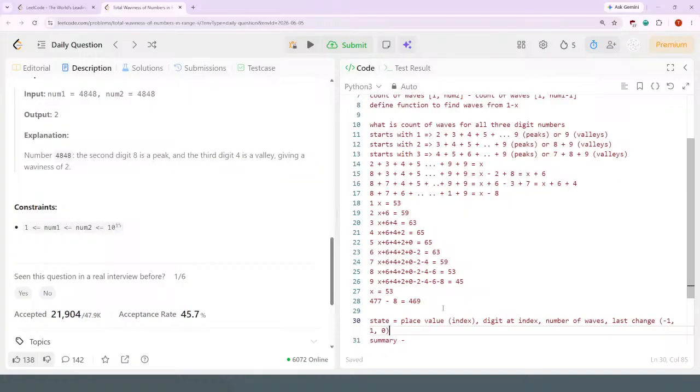Something like that. Then it has to also be bounded to the upper bound on the number. It has to be bounded to the upper bound of the number.